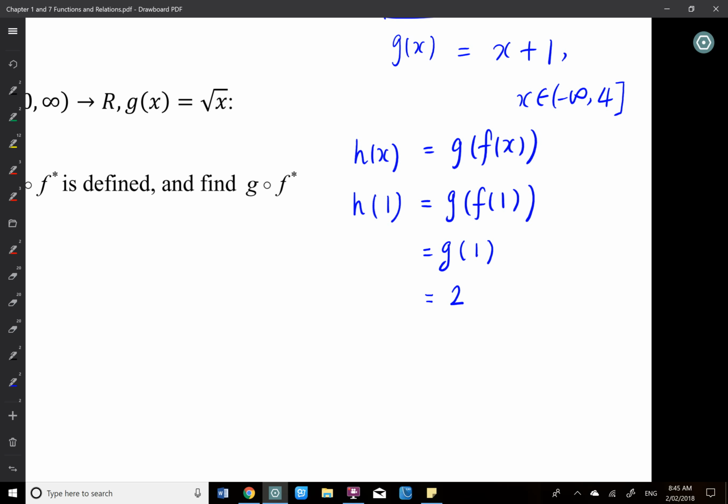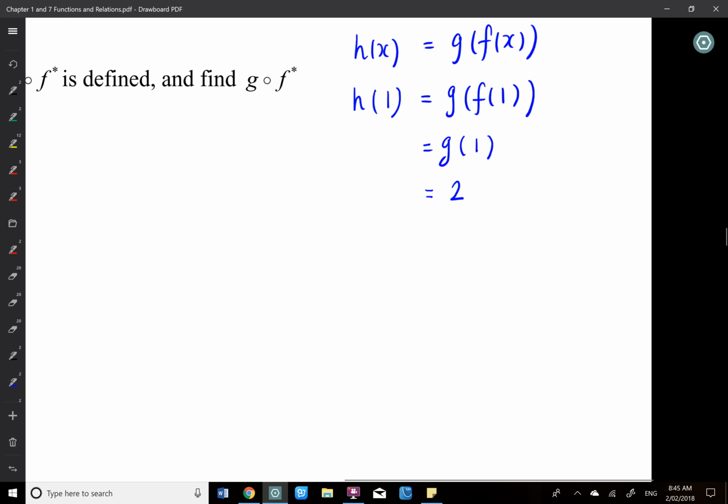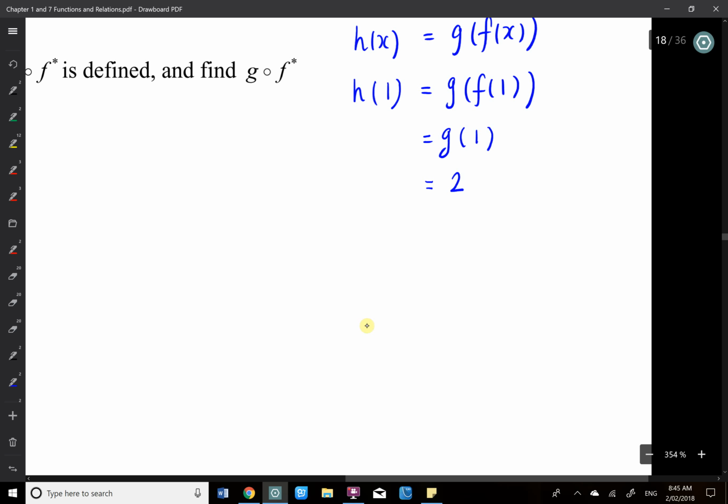Let's put this into a flow chart, where I can see them clearly. I want to put a value into the function. First of all, I put it into the function f(x), where f(x) equals x squared. Then I get something out. It's like a manufacturing process: I put something in, I get something else out.